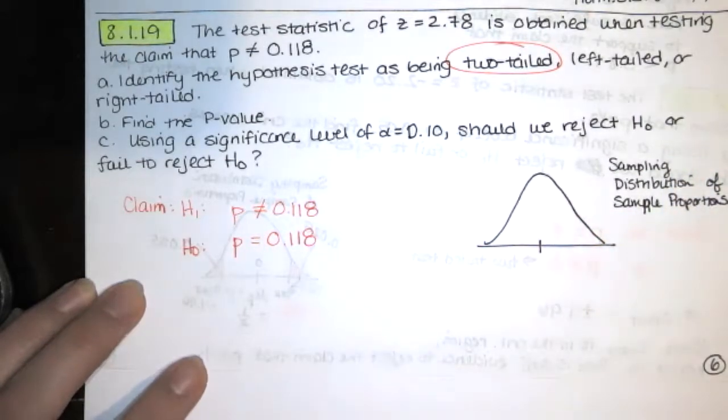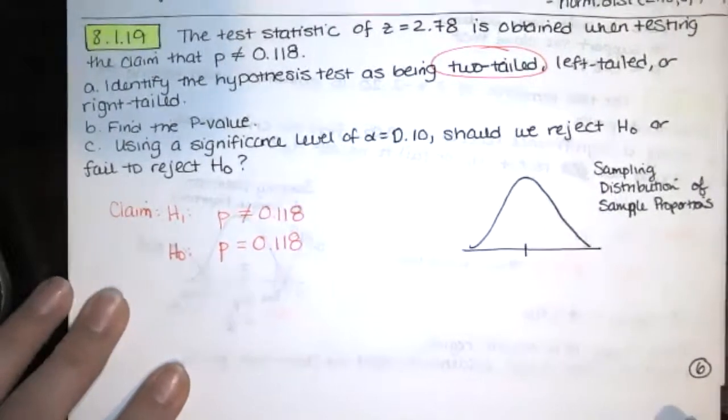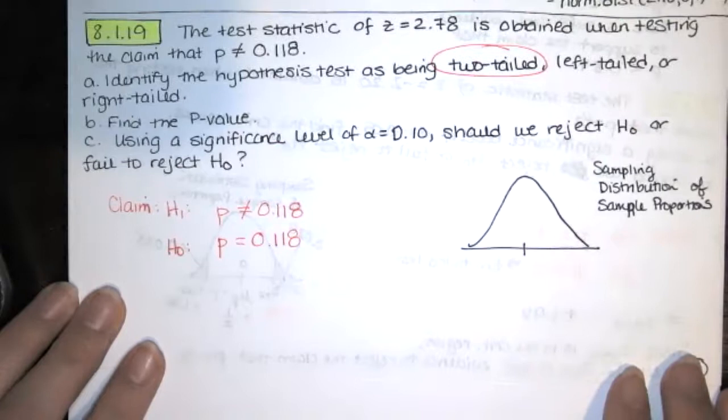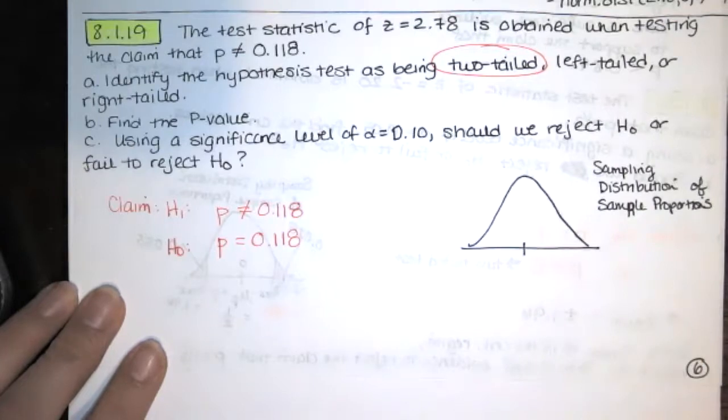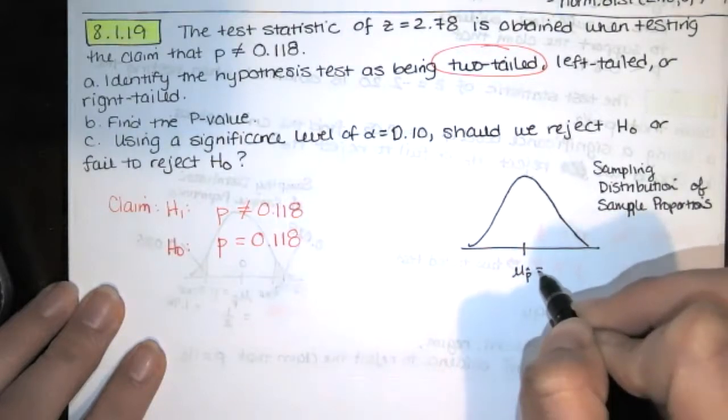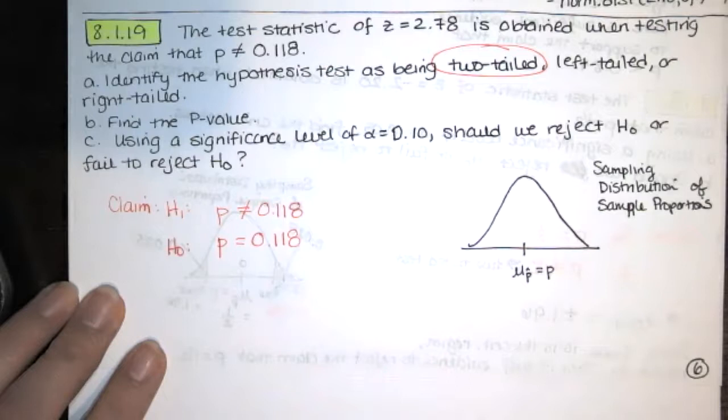So if we were to come up with a bunch of samples that all had the same size and compute a sample proportion for each of those samples, and then look at the distribution of those sample proportions, this is what this would be. We studied this back in chapter 6 in lesson 6.3. And we know from chapter 6 that p hat is an unbiased estimator of p, which just means that the mean of the sample proportions is equal to the actual proportion.